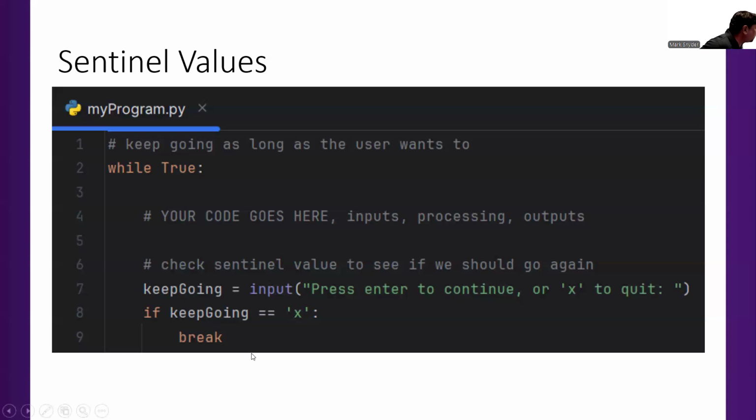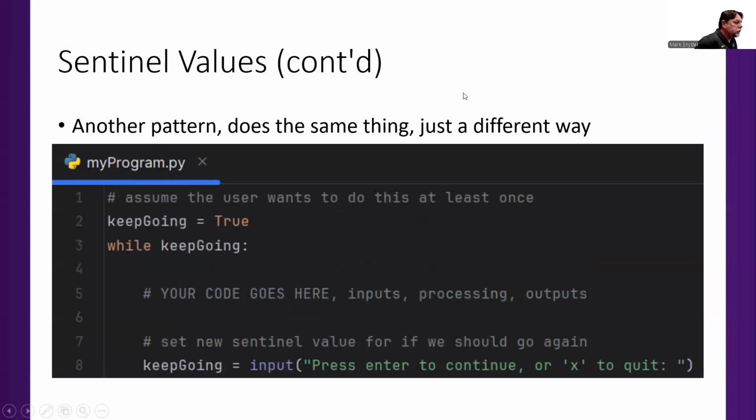Some people find that whole loop forever and then break at the end pattern kind of awkward. So here's another pattern. I'm kind of one of those people. This pattern makes me feel a lot less itchy. I get this itch in the back of my brain when I do the previous one. This one is more satisfying to my anal retentive brain. So at the beginning I set a variable equal to true. Then I say while that variable is true.